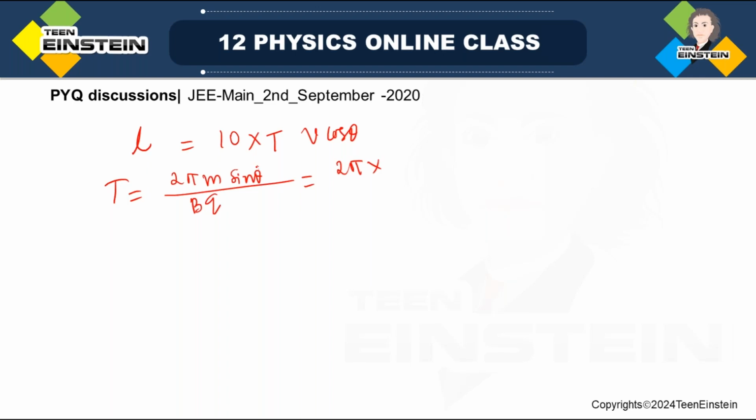Here theta is 60 degree. Sine 60 degree is root 3 by 2. 2 pi m root 3 by 2 divided by Bq.